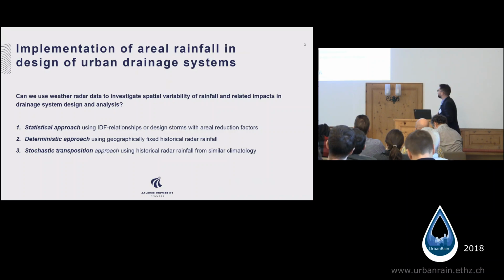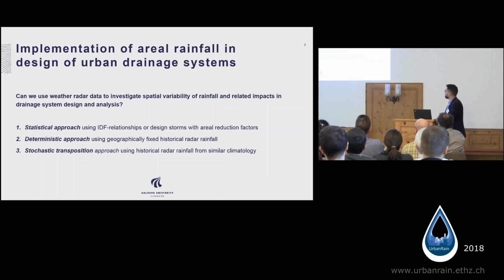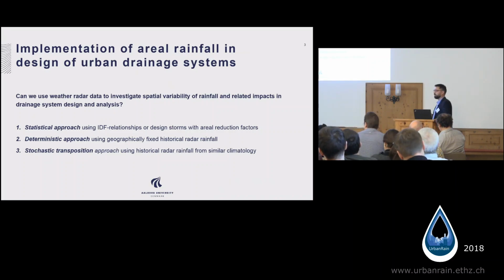So from this approach, we can ask the question whether we can use weather radar to investigate the spatial variability of rainfall related to the impacts of urban drainage design and analysis. And I will look at that from three approaches, focusing most on the first one, which is a statistical approach, where we use rainfall statistics from IDF curves and multiply them with an areal reduction factor that we derive from radar data.